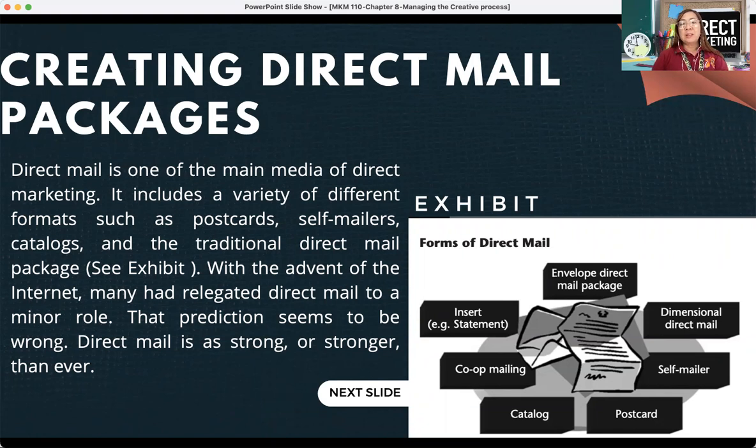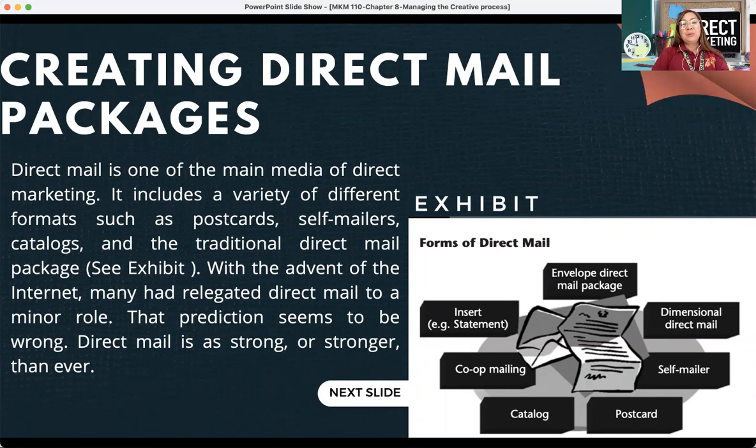It includes a variety of different formats, such as postcards, self-mailers, catalogs, and the traditional direct mail package, which is now shown here in our exhibit. As you can see on the exhibit, these are the different forms of direct mail. We all know that it is packed in an envelope or in a direct mail package. Then the dimensional direct mail, the self-mailer, the postcard, the catalog, co-op mailing, as well as the insert.